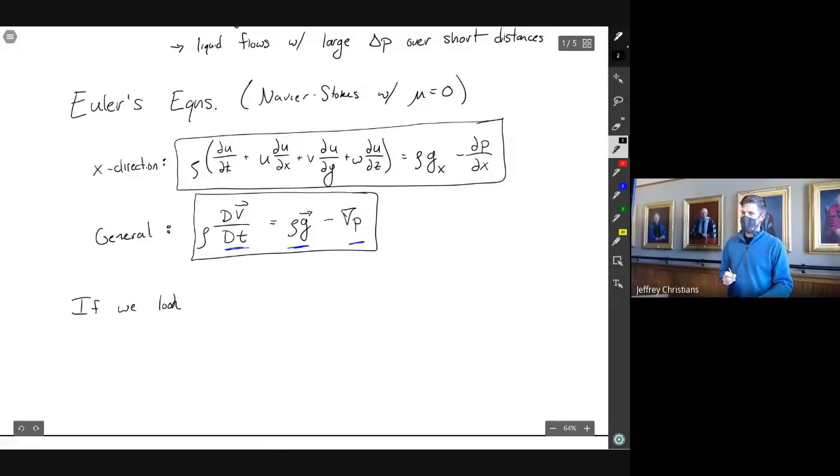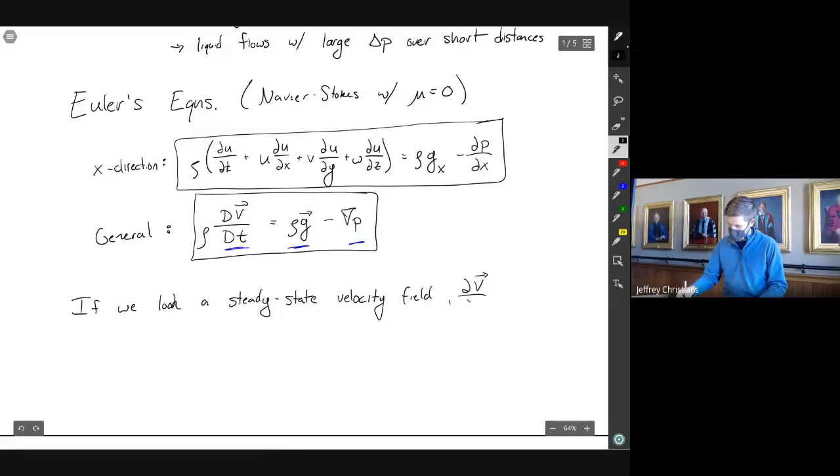If we look at the simplified case where we don't have the velocity field changing with time, so we have a steady state velocity field, that would be, right, the change in the velocity field with time is equal to 0.